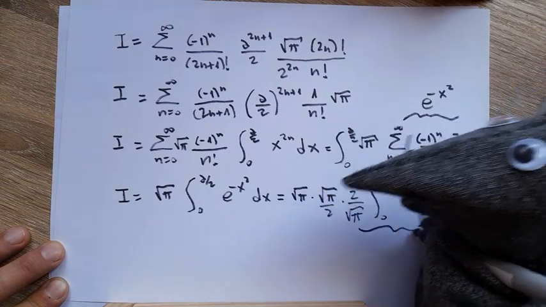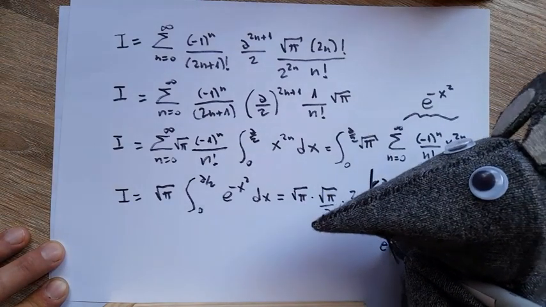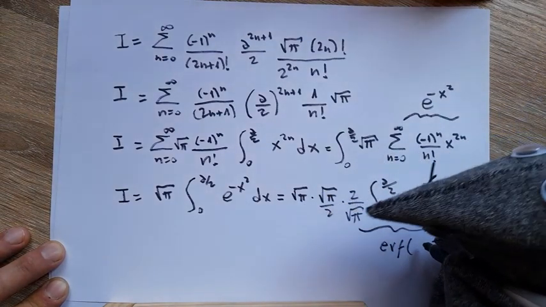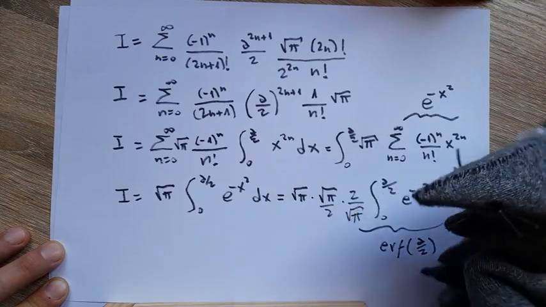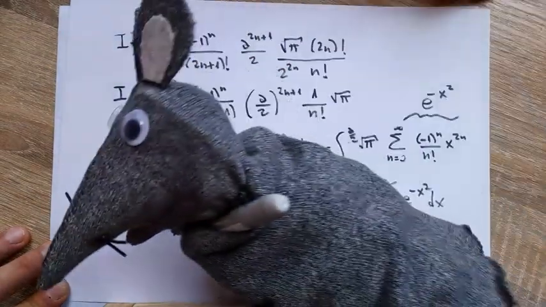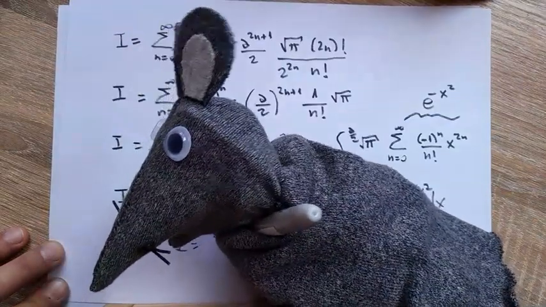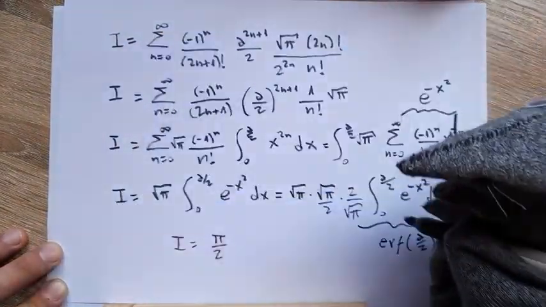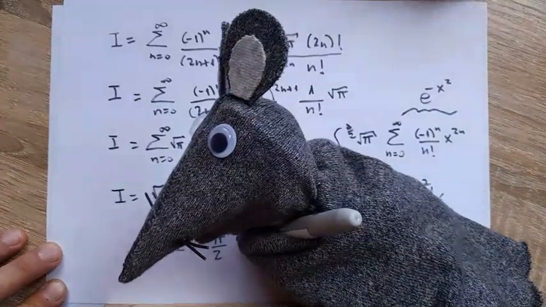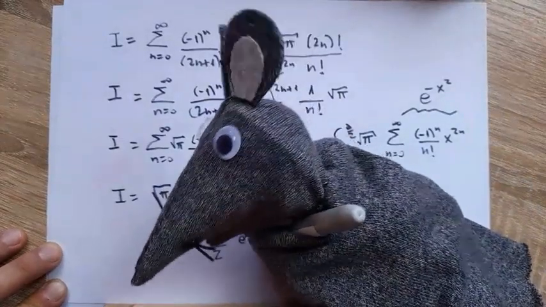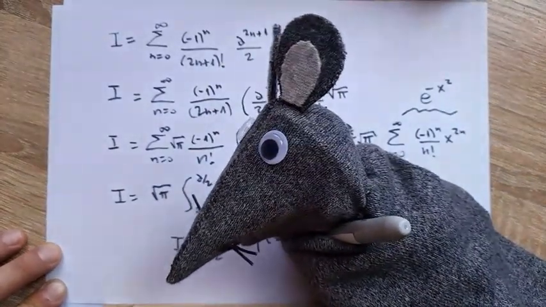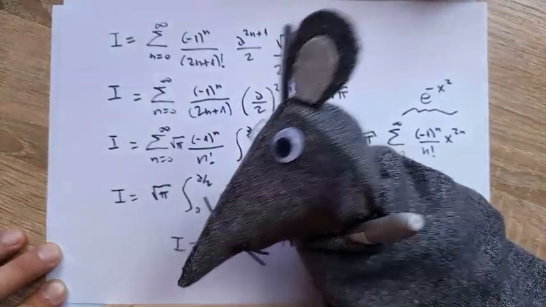And this is called the error function. Yeah, so finally our integral I equals pi over 2 times the error function of a over 2.